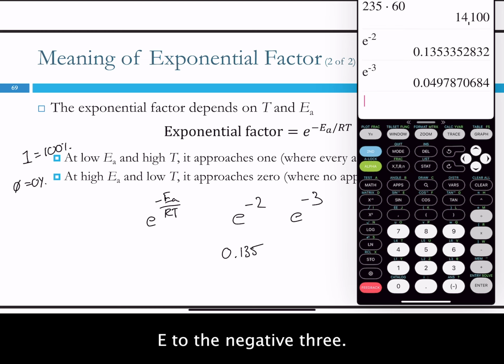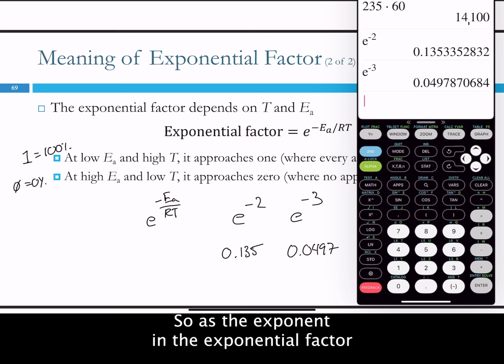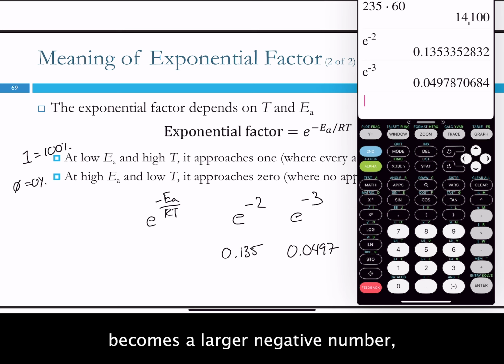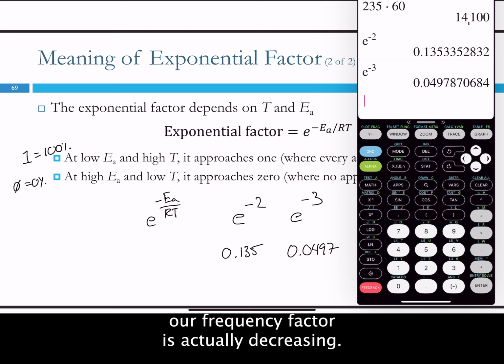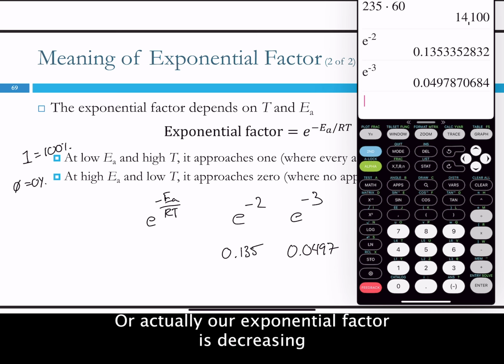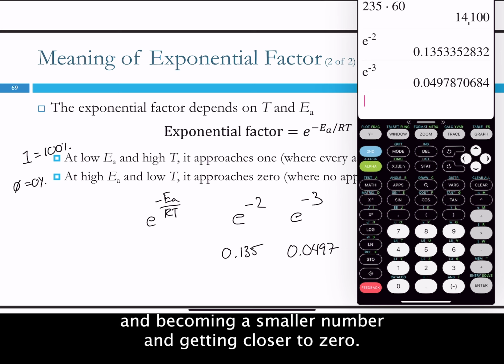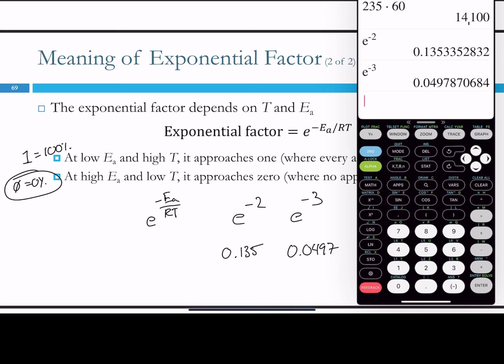So as the exponent in the exponential factor becomes a larger negative number, our exponential factor is decreasing and becoming a smaller number, getting closer to 0, where none of our collisions are at enough energy.